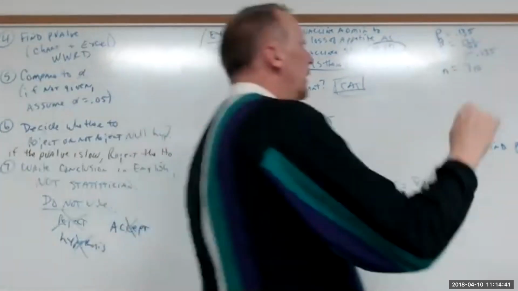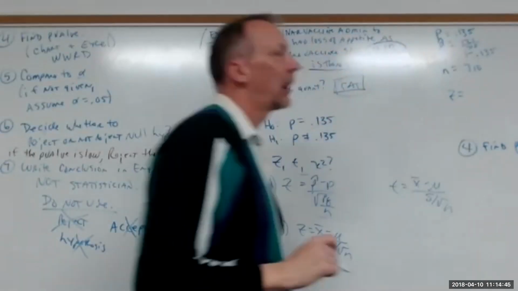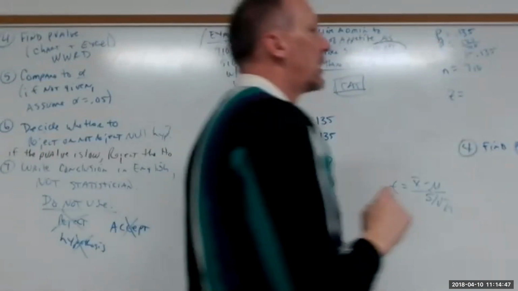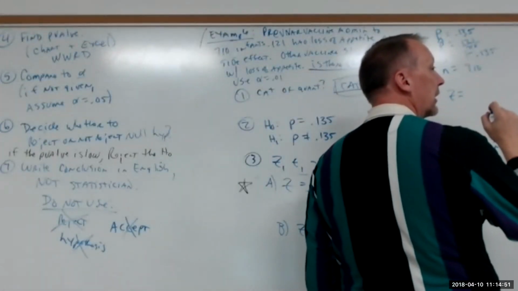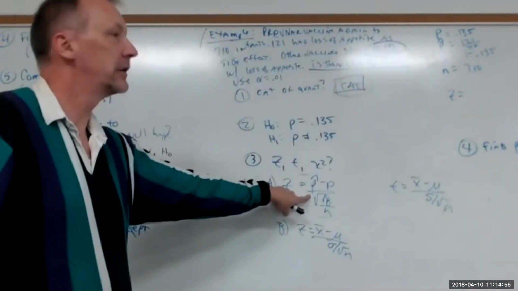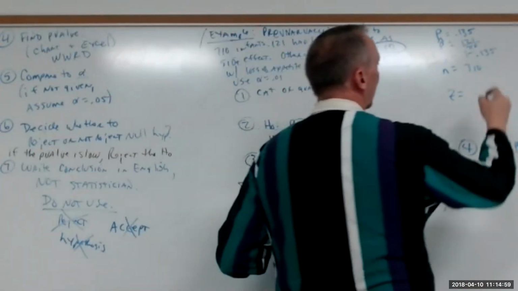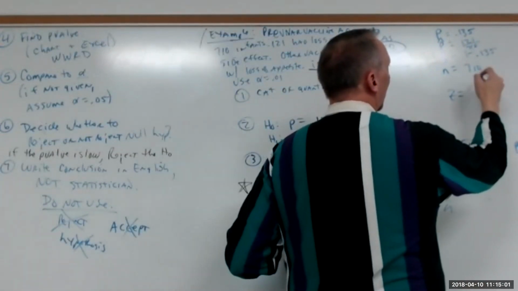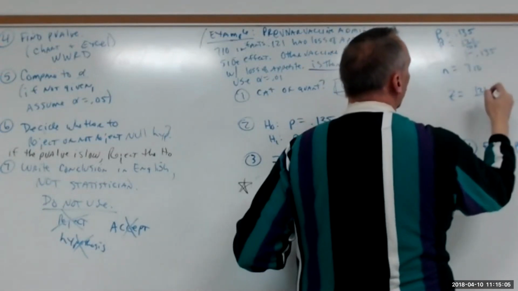So Aaron, can you punch this through for me? Tell me what's right here. Z equals? I would do all of it together, right? Z equals p hat. What's p hat? 121 over 710.